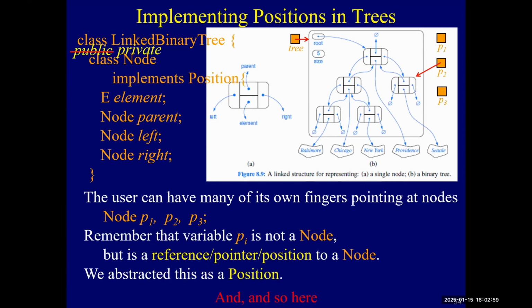And so here there's going to be this class of position, and the node is going to be an example of it. I mean, there could be many positions. Where your finger in a pie is could be a position, and one of these nodes could be a position.